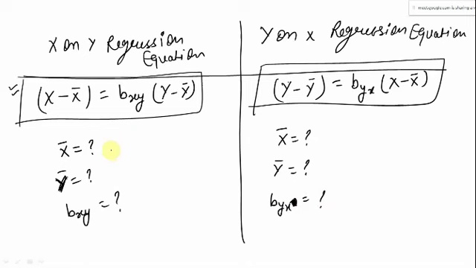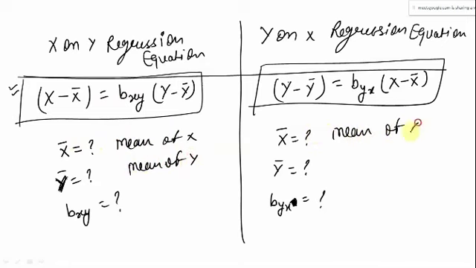X bar is the mean of the x series, and y bar is the mean of the y series. Similarly, this is again the same thing, mean of x and mean of y, which you can easily calculate, right?